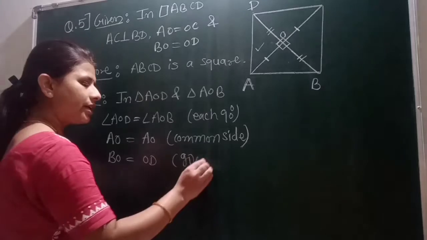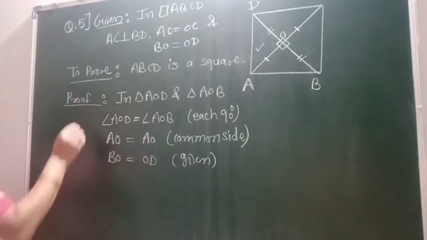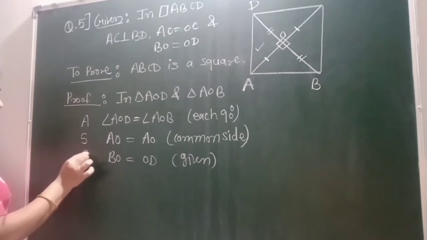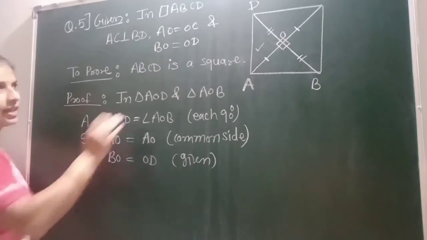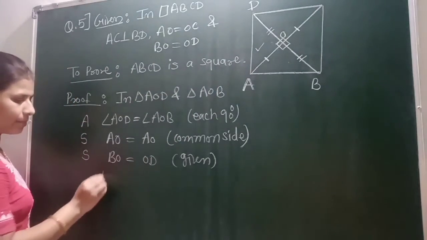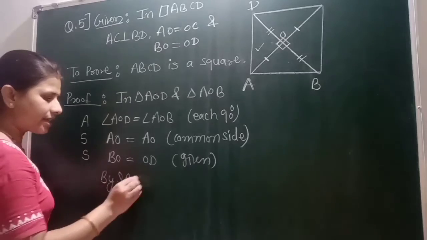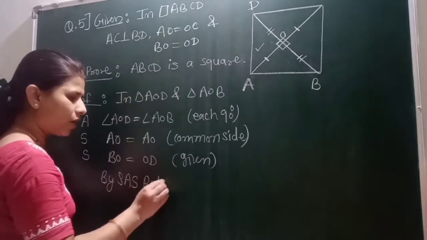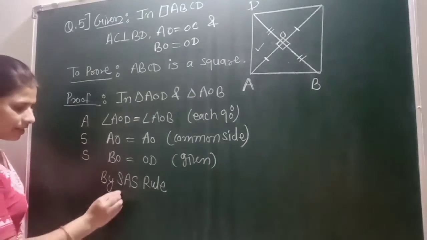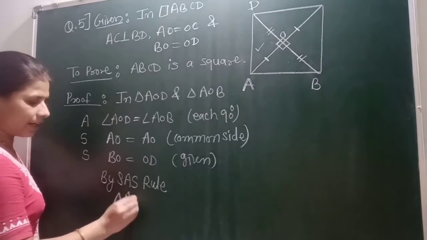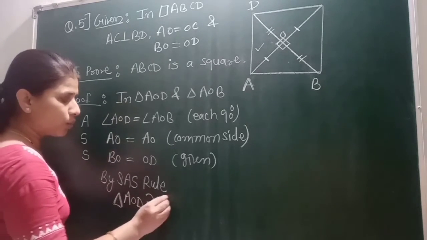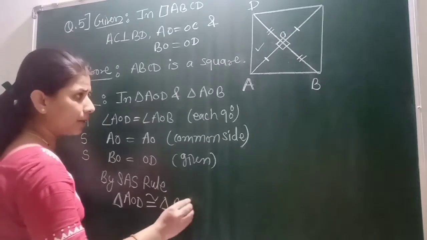What we will write? It is given that. So this one is your angle, side, side. These two sides and the angle between them. It means by SAS criteria or rule, triangle AOD is congruent to triangle AOB.